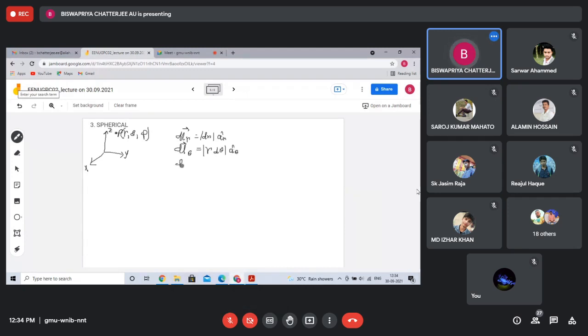And next to that it should be dl phi. Its magnitude is r sine theta d phi, and the direction is a phi cap. So these are the differential line elements.